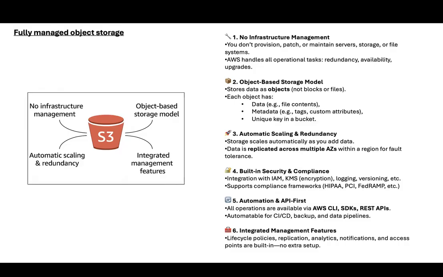Built-in security and compliance. Amazon S3 buckets support a lot of security frameworks and compliances, such as PCI, FedRAMP, NIST, ITAR, and many more. It supports them using encryption and zero trust. It is tightly integrated with AWS Identity and Access Management, wherein you can manage who has what access to S3.